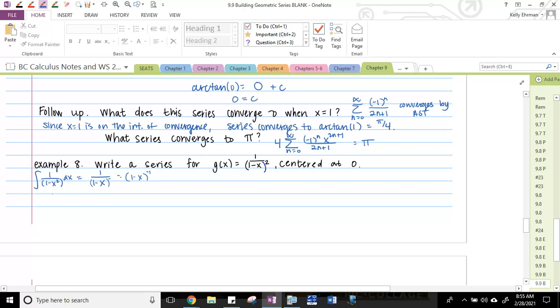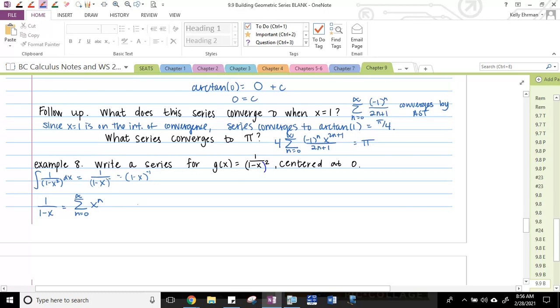I want to start off with my 1 over 1 minus x power series, which is that nice basic one, right? Call that x to the n. And then if I take the derivative of that, I should have the power series for g of x.